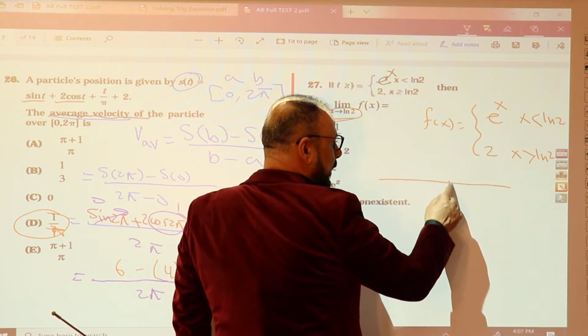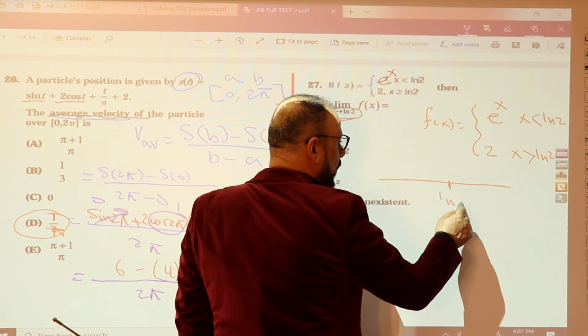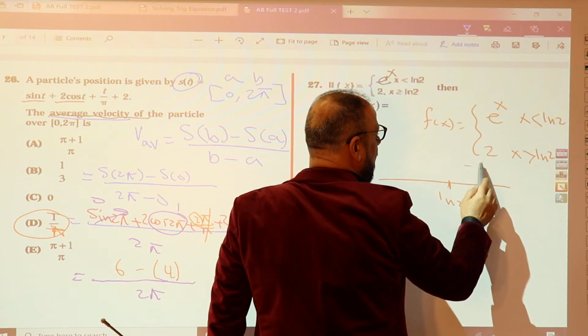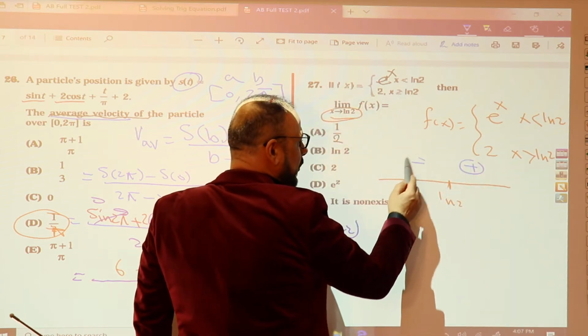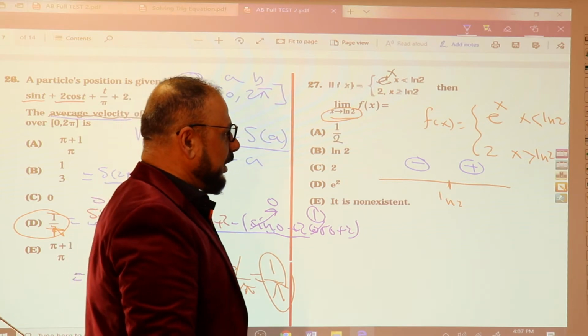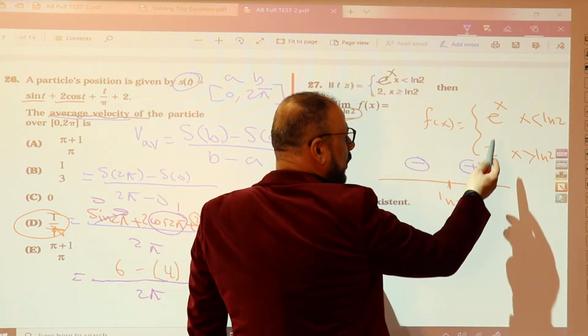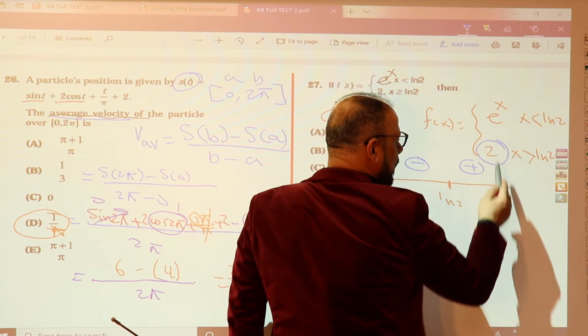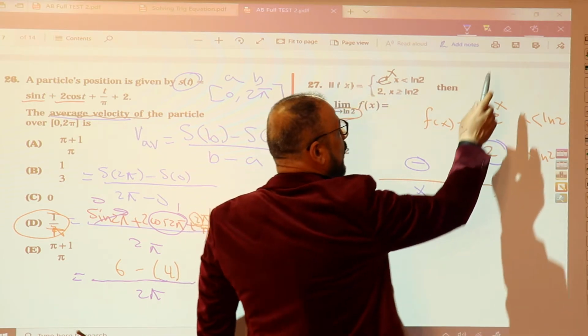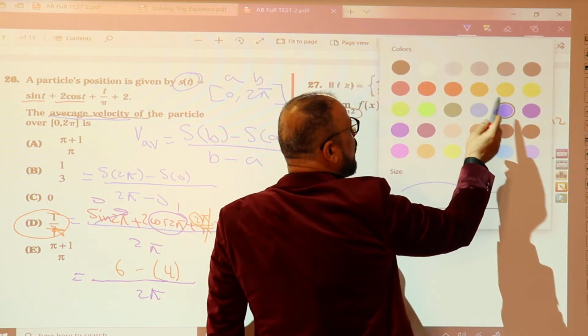I'm going to make a number line with ln 2. The right side is positive and the left side is negative. To the right, the function is 2. To the left, the function is e to the x.